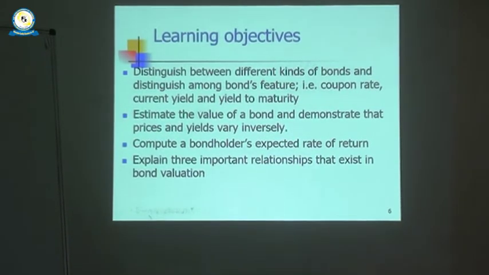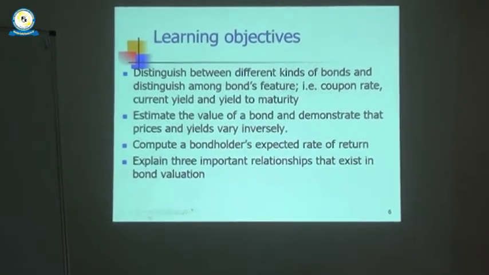Another objective is to estimate the value of a bond and demonstrate that prices and yield vary inversely. We shall also compute a bond's expected rate of return. And lastly, we shall explain 3 important relationships that exist in bond valuation.